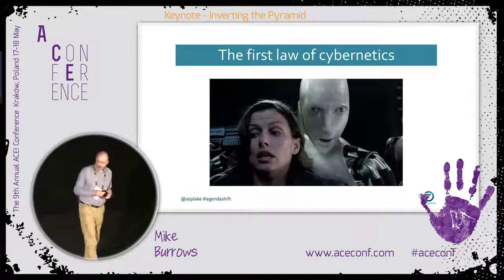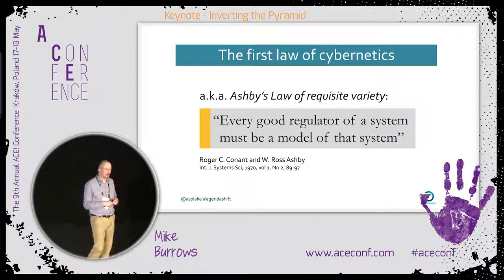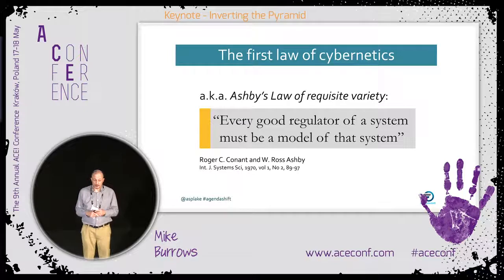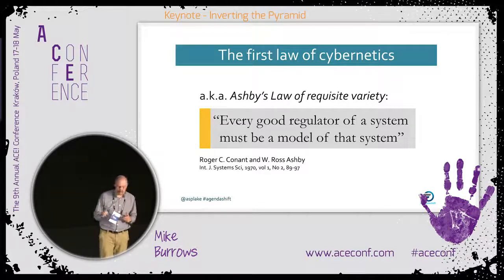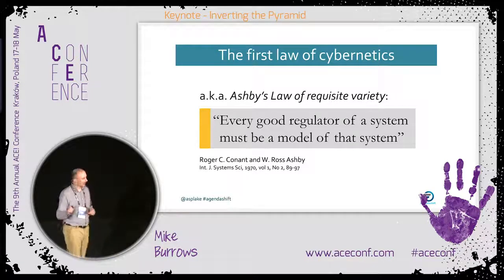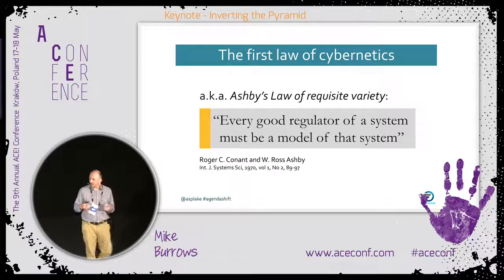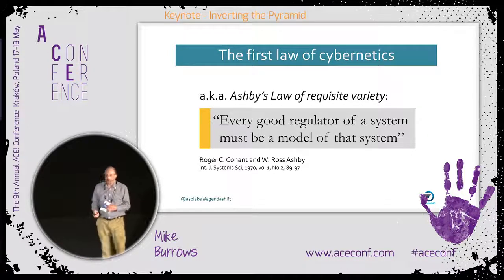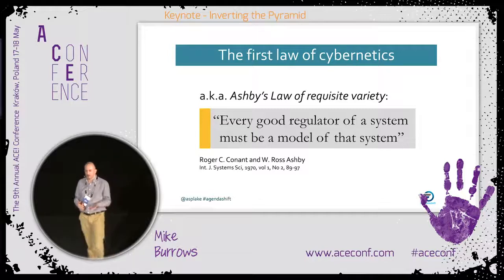It actually goes by another name, Ashby's Law of Requisite Variety. Rather posh-sounding title, but there's a famous paper that describes this law, and the title is very down to earth. The title of the paper is also the conclusion of the paper: every good regulator of a system must be a model of that system.